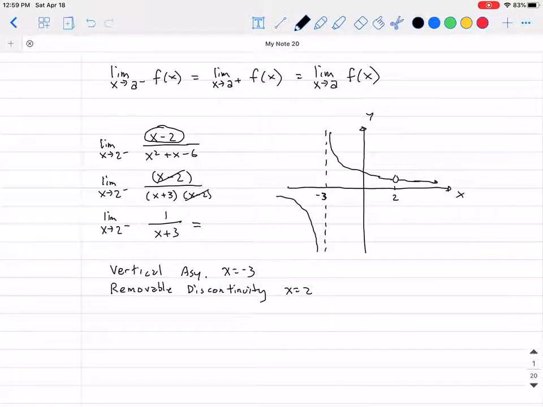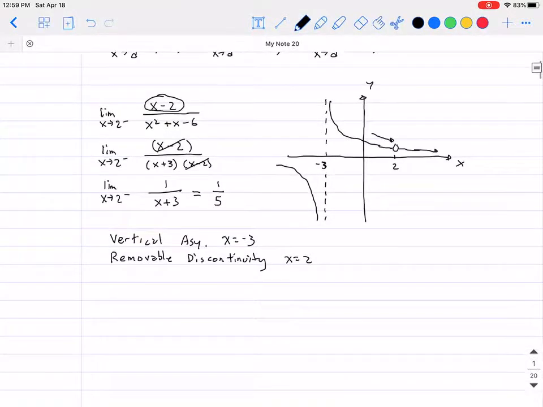Plugging in 2 into that equation, we are going to get 1/5 as an answer. And that's basically what it looks like. So coming from the left-hand side, you can see that it's getting closer and closer to 1/5. So that right there is another example of a limit problem.